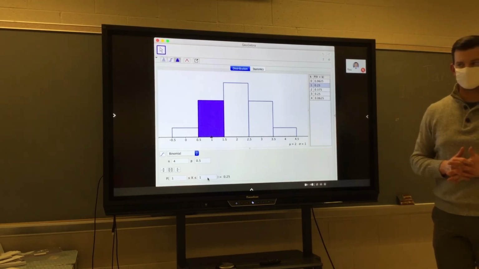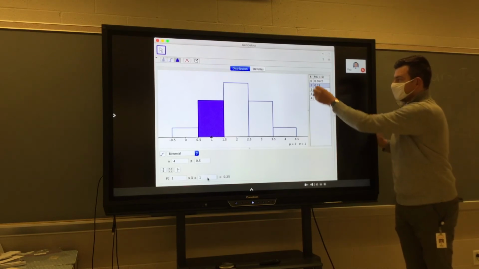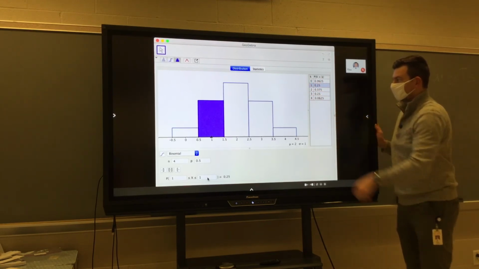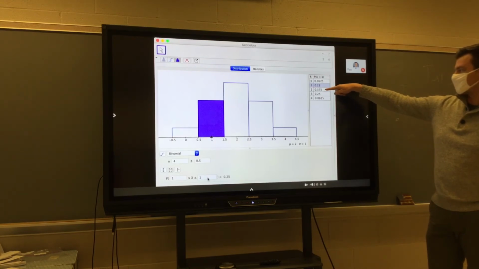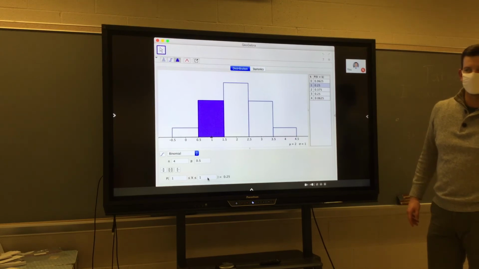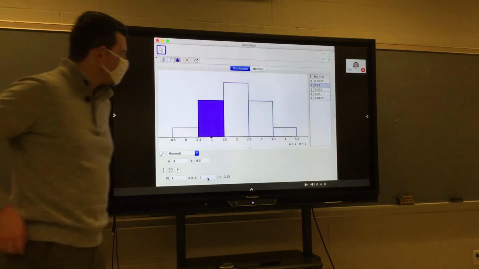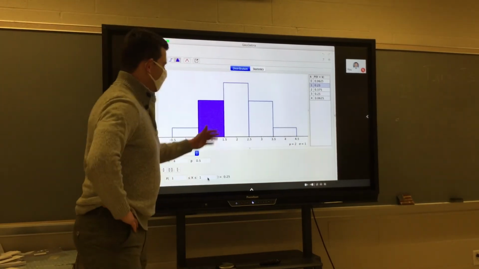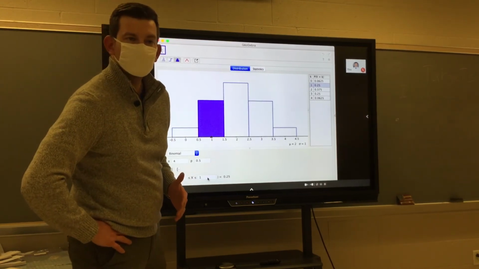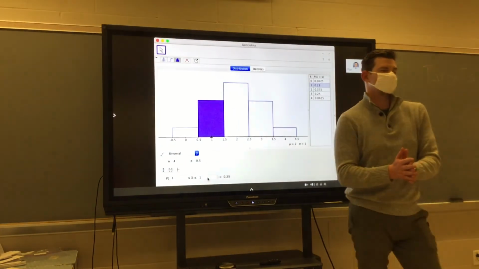We also have that full probability distribution right here. 0, 1, 2, 3, or all 4. 1/16, 4/16, 6/16, 4/16, 1/16. Right in front of us. And additionally, we have the probability histogram. And this is perfectly symmetric. And that's true because we have even probabilities.